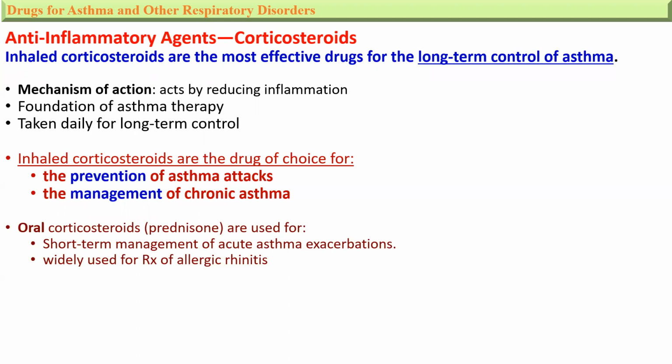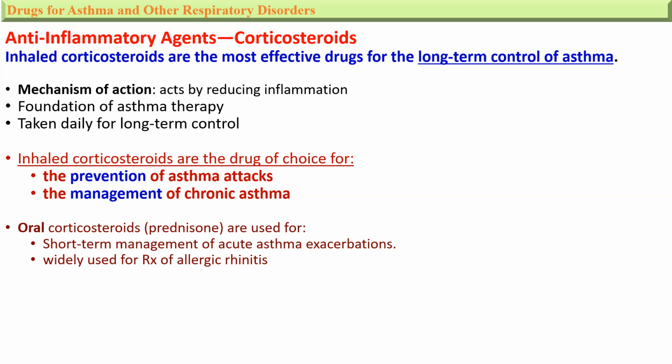Should be taken daily for long-term control and reducing the frequency of attacks. The principal anti-inflammatory drugs are the glucocorticoids. So inhaled corticosteroids are the drug of choice to prevent asthma attacks and to manage chronic asthma.